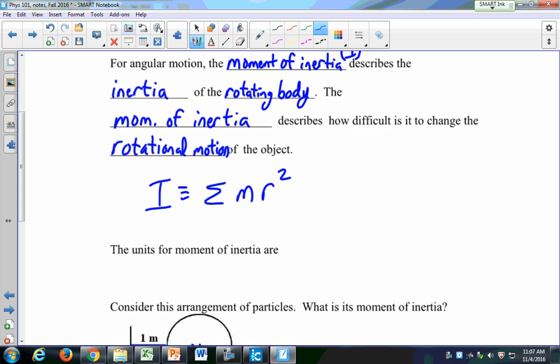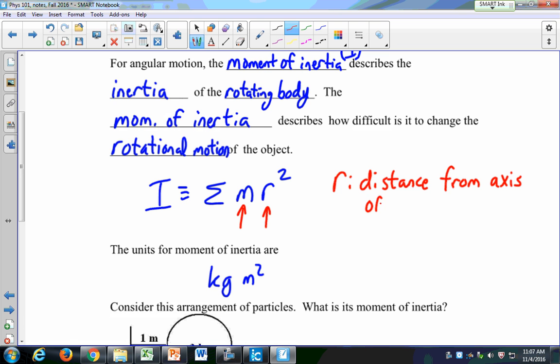The units, nothing fancy, it's just going to be kilogram meter squared. Kilograms for mass, r is in meters, and so that's meters squared. Now r, which is similar to what we've seen already, is the distance from the axis of rotation to the mass.